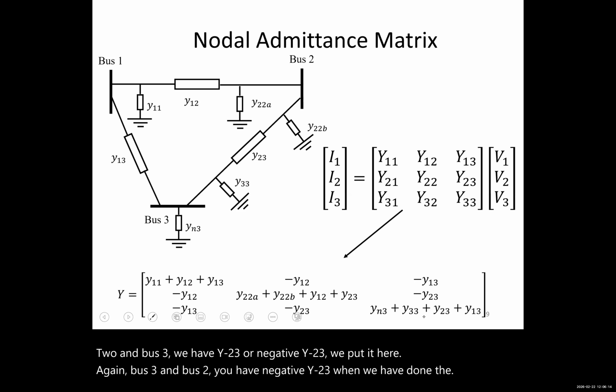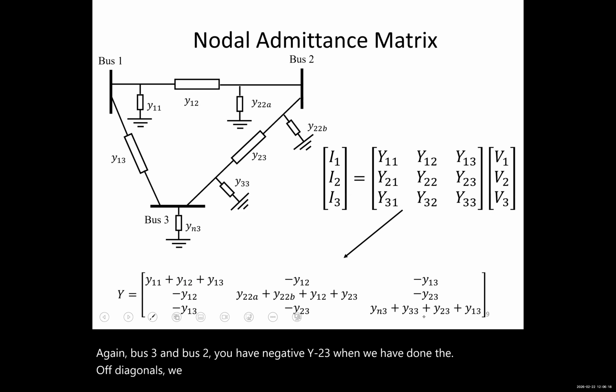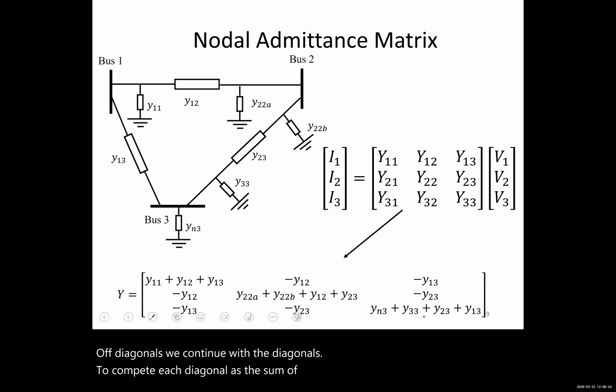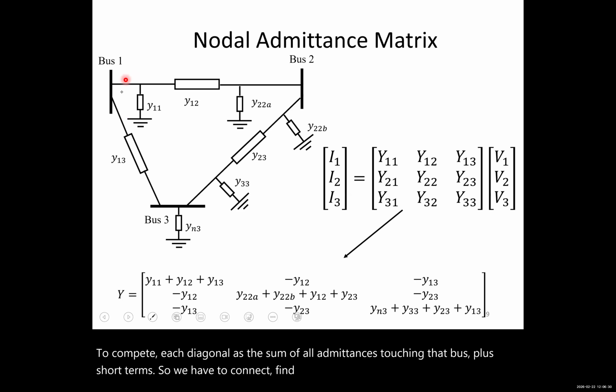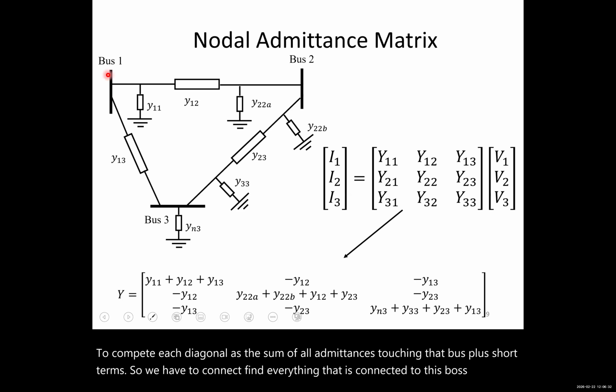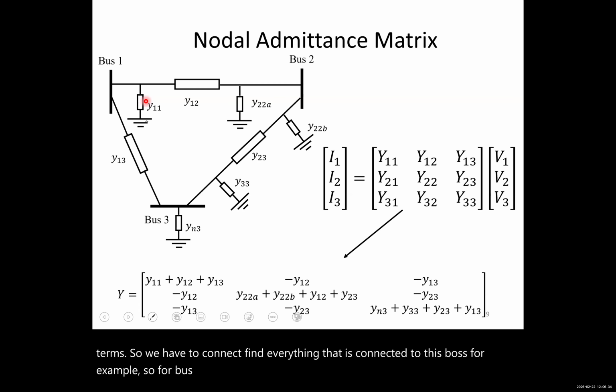When we have done the off-diagonals, we continue with the diagonals. We compute each diagonal as the sum of all admittances touching that bus plus shunt terms. So we have to find everything that is connected to this bus, for example. For bus number 1, we have y11 plus y12 plus y13.